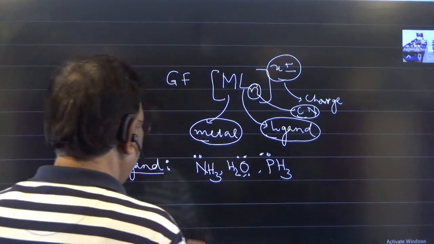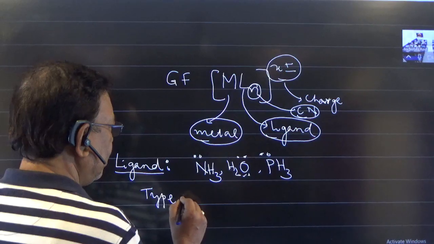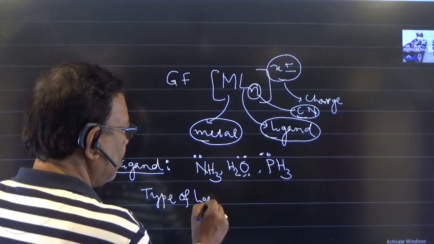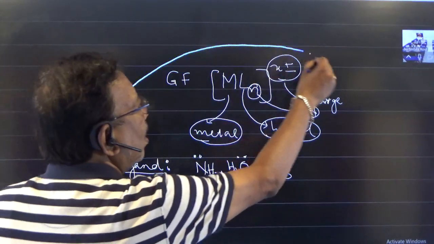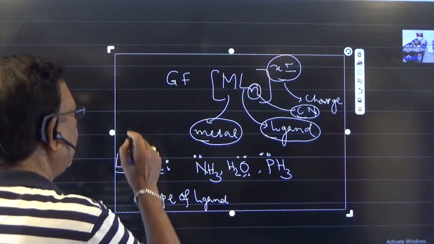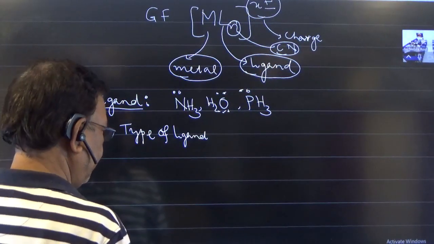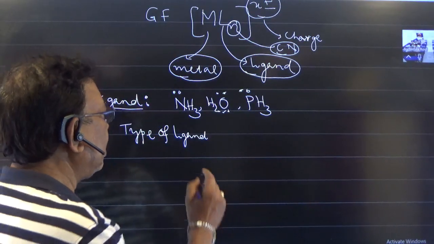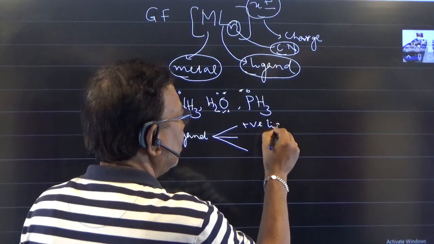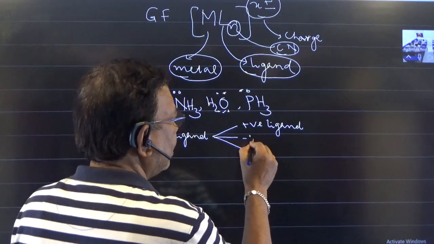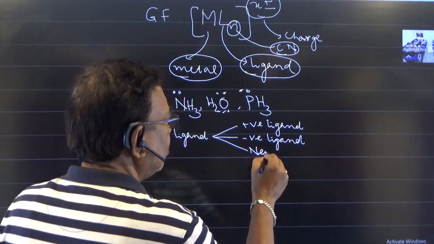Next, types of ligands. Ligands are of three types: positive ligand, negative ligand, and neutral ligand.